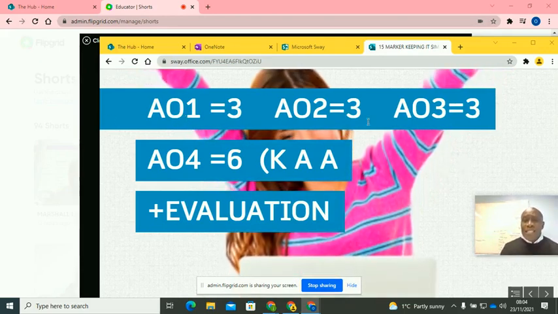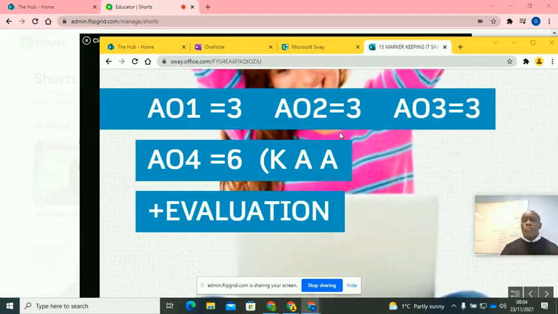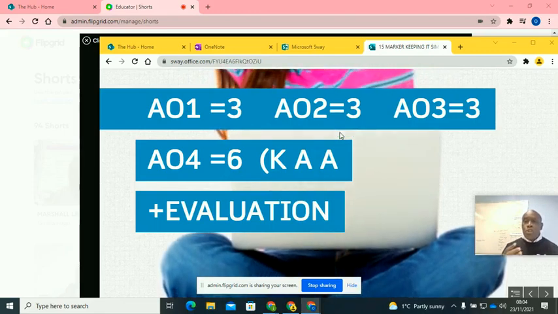AO2 is writing in the context of the case study. If there's no case study, then you need to use relevant examples. Apply the case study, but also show your own knowledge.